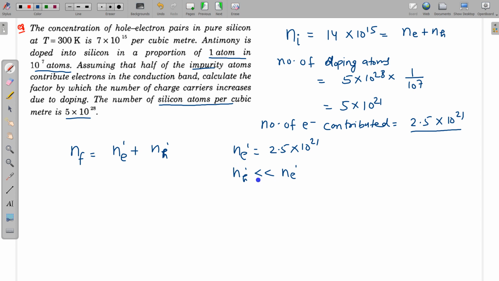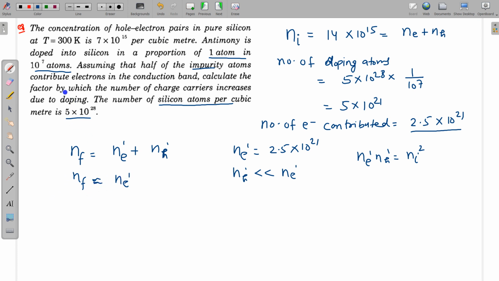So the number of holes is now much less than the number of electrons. We can also confirm this from this relation: Ne dash into Nh dash is equal to Ni square. This is the law, and from this law we can easily see that Nh dash is much less than Ne dash. So n final we can simply write is approximately equal to this Ne dash.